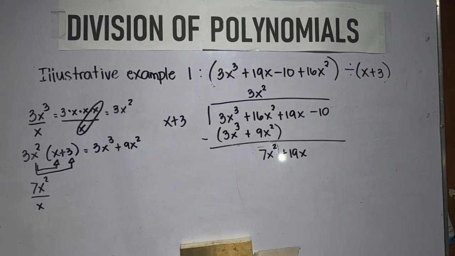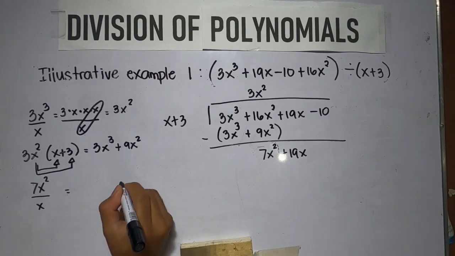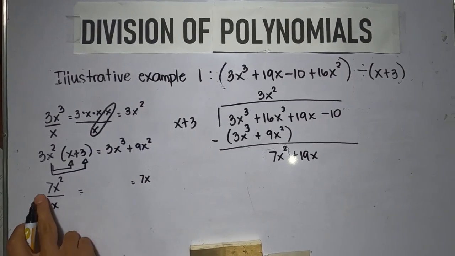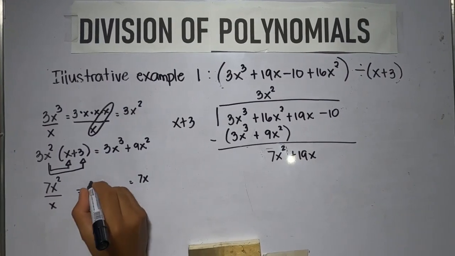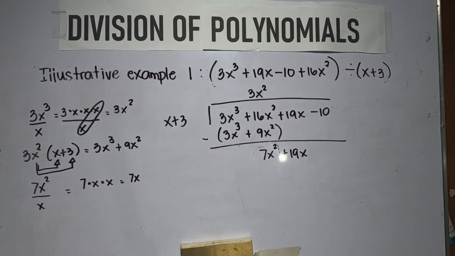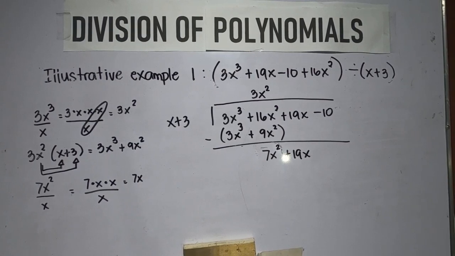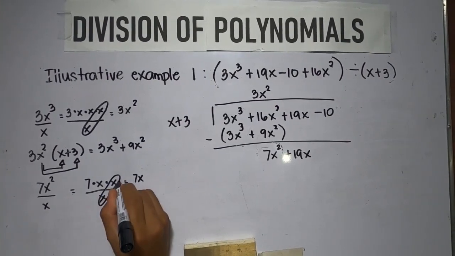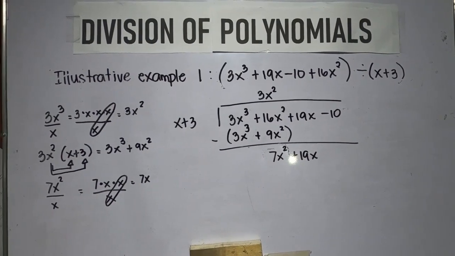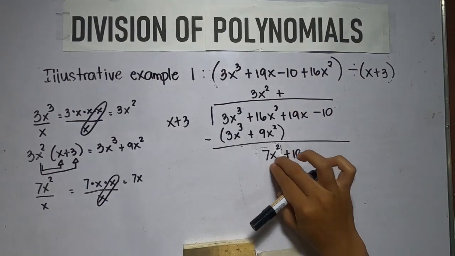And we know that 7x squared divided by x is simply 7x, because 7x squared can be written as 7 times x times x divided by x. So we can cancel again a pair of x, and what will remain is the product of 7 and x. So the quotient of 7x squared and x is 7x.